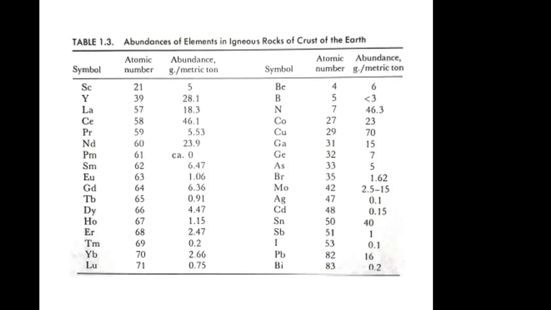And so promethium does actually occur in nature, but as a decay product of naturally occurring uranium, in very small and even fleeting amounts. So promethium is particularly difficult to study, but all of the others are readily available.